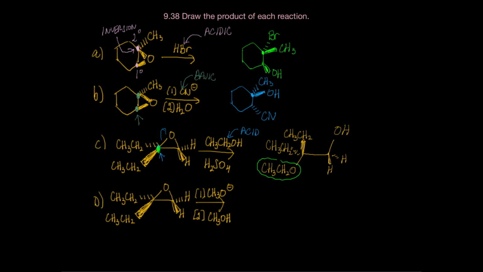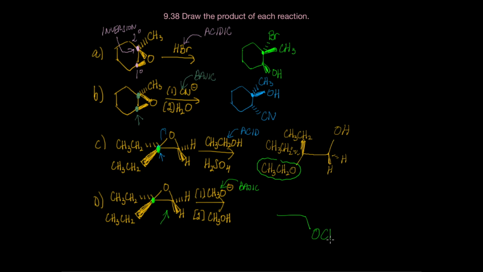Now down below things look similar, but actually it's a little bit different. Once again, we have the more substituted carbon here, but this is basic. Okay, alkoxides are basic, and what that means is that they're actually going to attack the less substituted carbon. So what we're going to get is a molecule that looks like this.